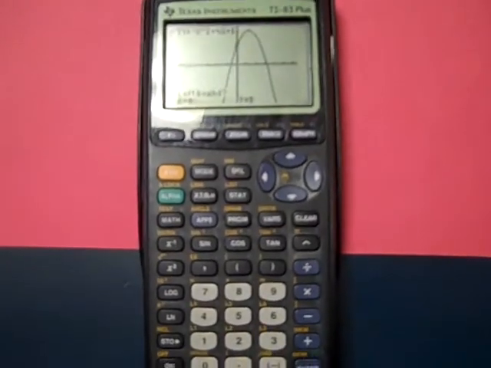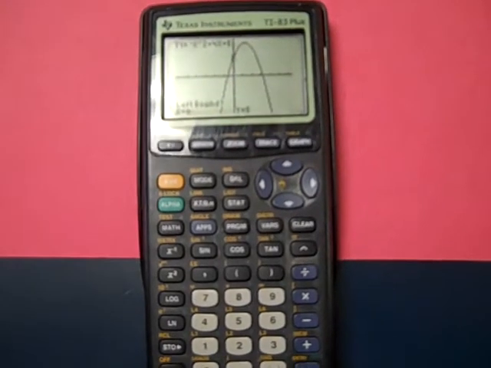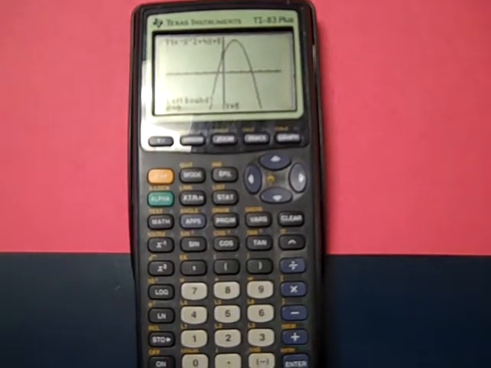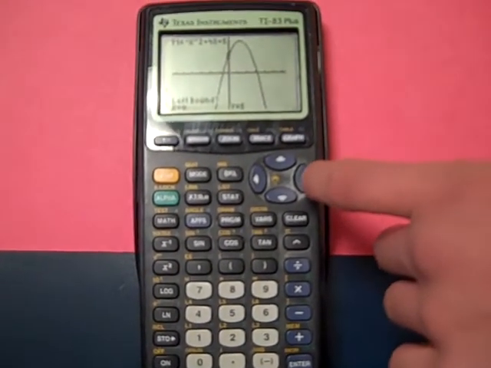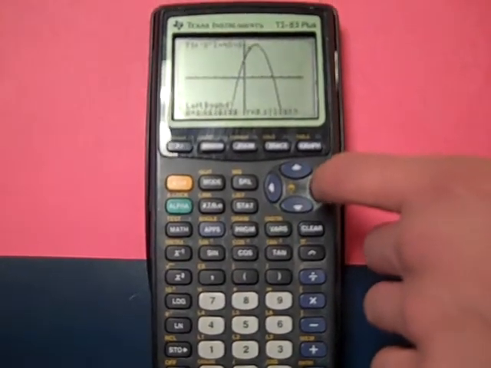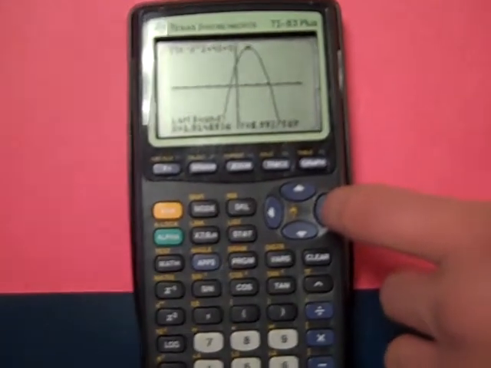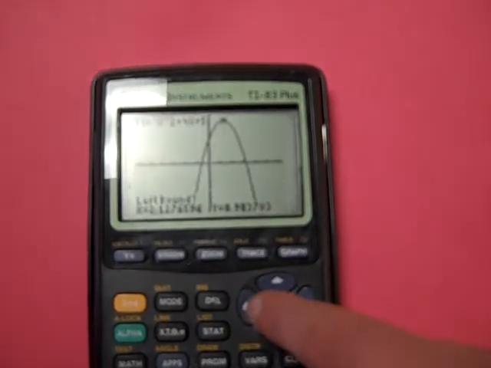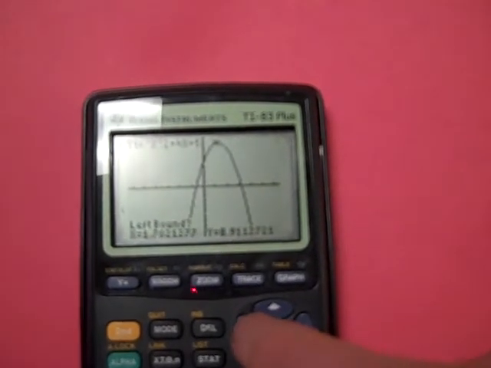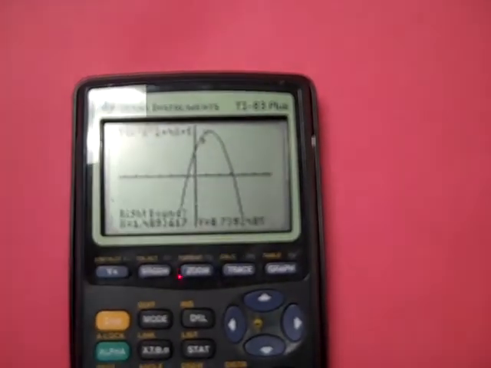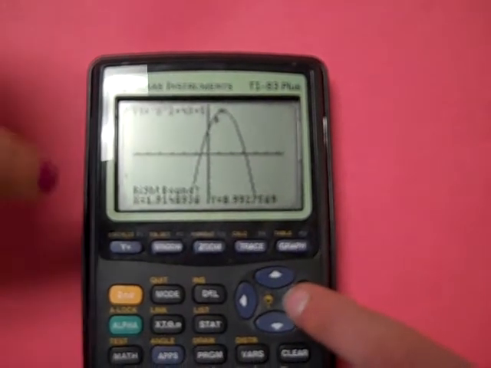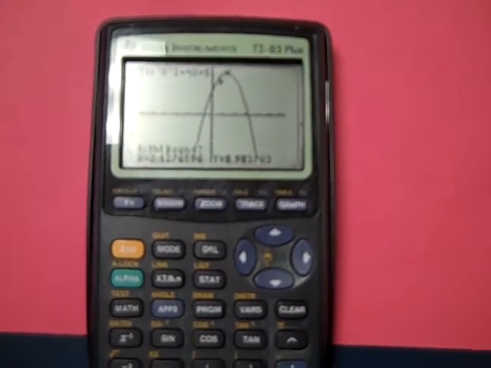Now the calculator is prompting you to find the left bound, which means that it's just to the left of the vertex. So move the pointer to the vertex. Then you're going to want to click the left button a couple times to find the left bound. Then click enter. Now, as you can see, it's prompting you to find the right bound.